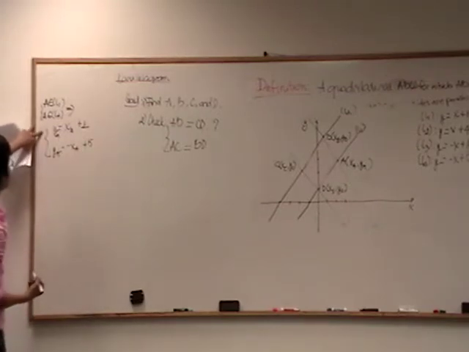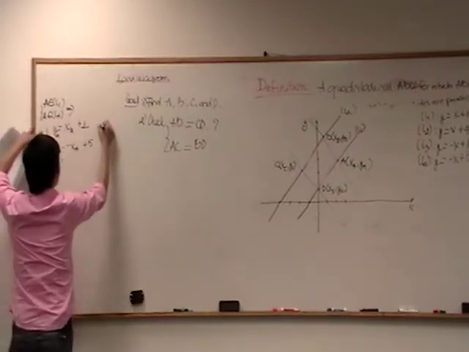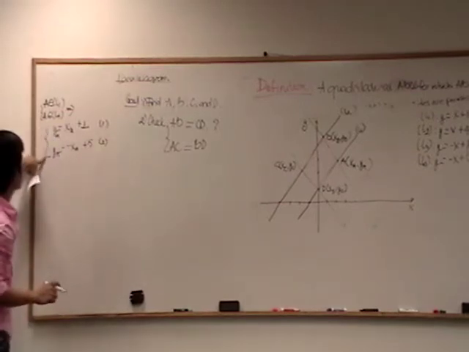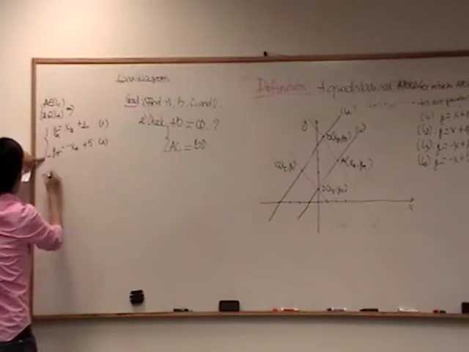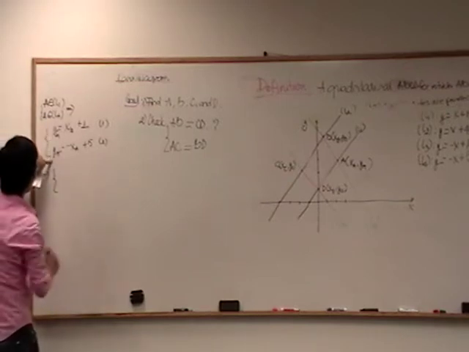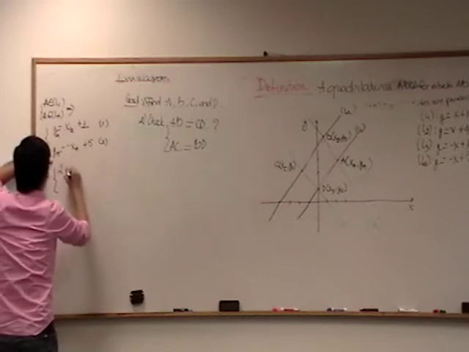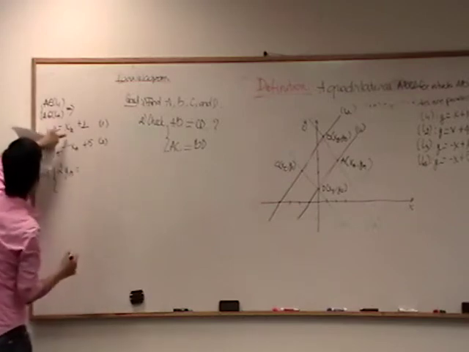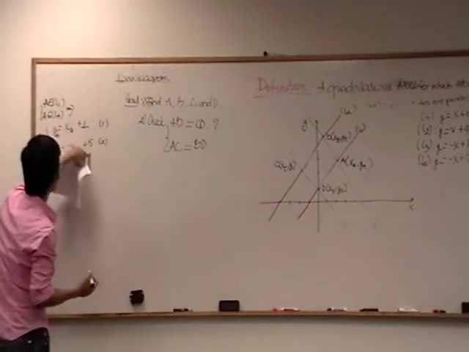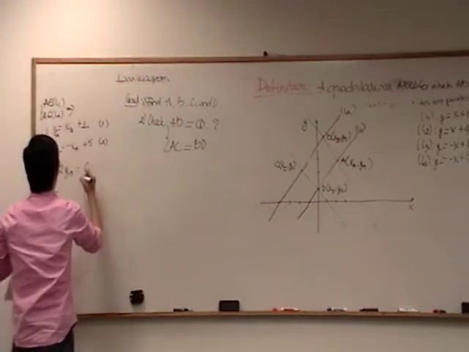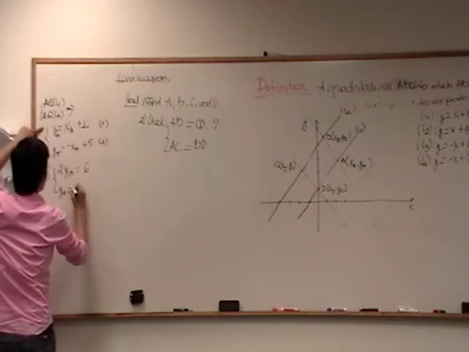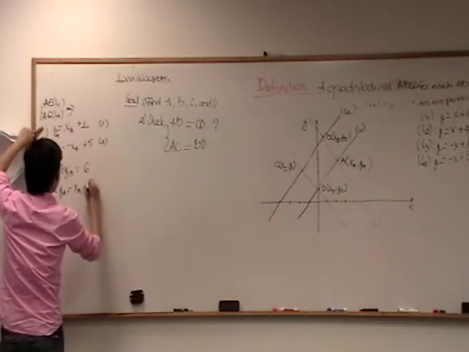So I will mark this equation 1 and equation 2. If I add 1 and 2, what will we have? YA plus YA equals 2YA. XA minus XA equals 0. 1 plus 5 equals 6. And I keep equation 1 to use later.